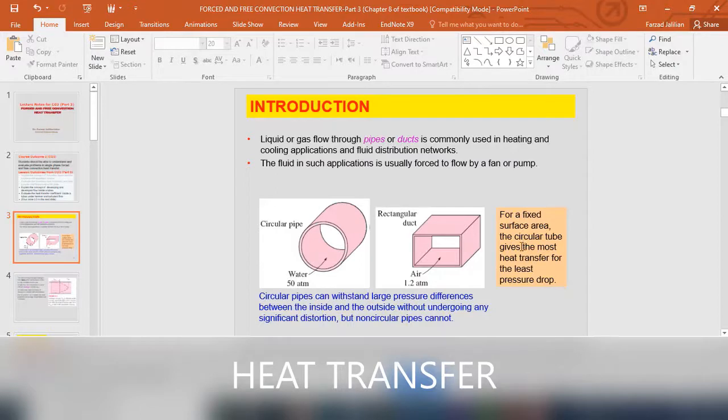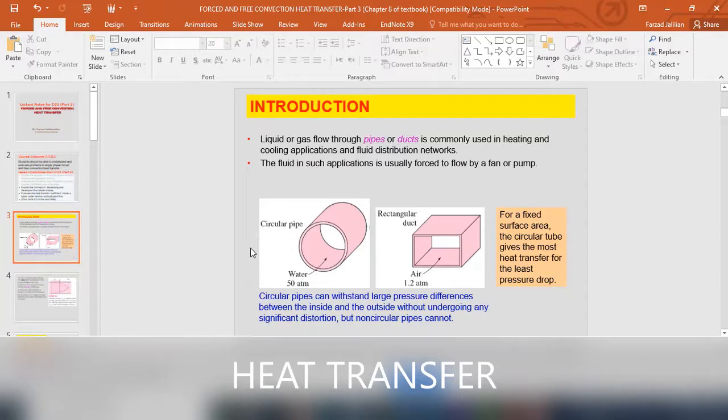And as it is also mentioned here, for a fixed surface area, the circular tube gives the most heat transfer for the least pressure drop. We will see what it means. So it will give us the maximum heat transfer.